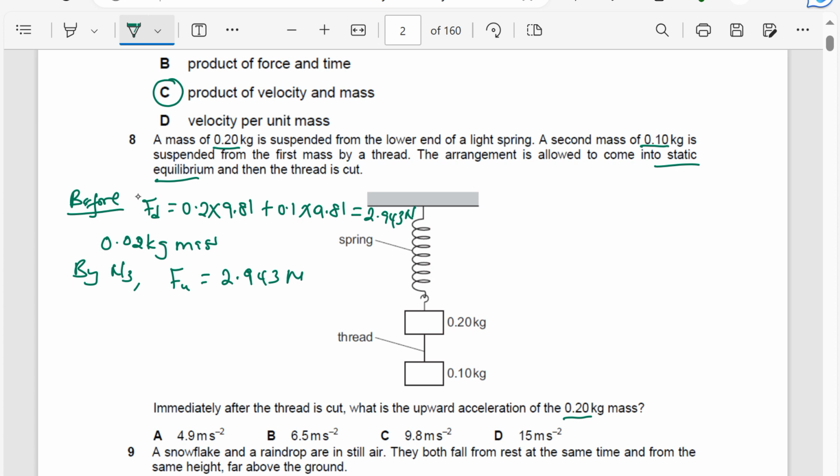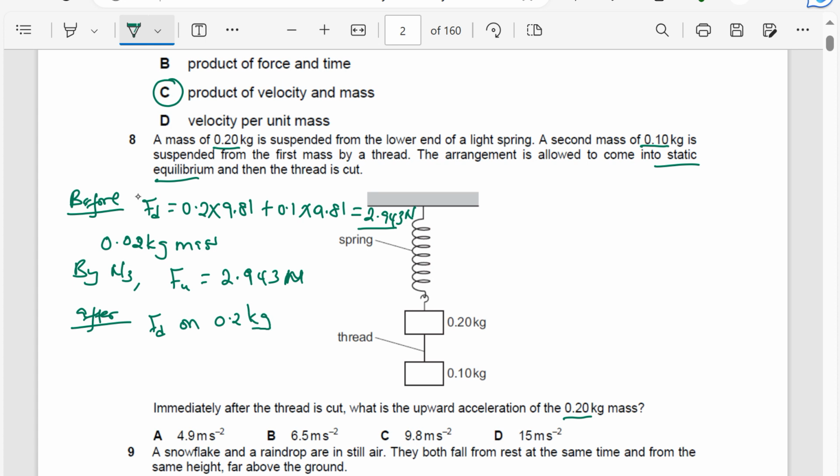If the force downwards is 2.943 newtons, then the force upwards should also be 2.943 newtons by Newton's third law. But after the thread is cut, what is the downward force?